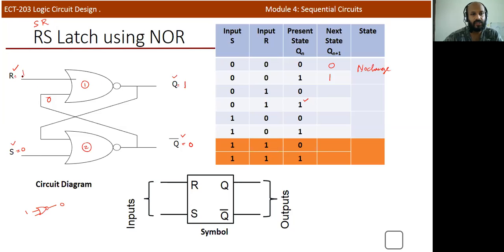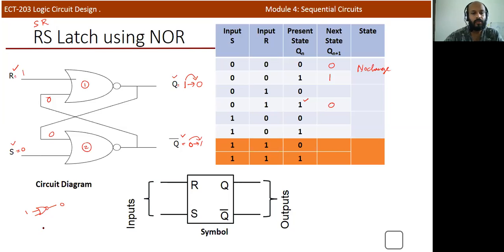So 1 0 means one of the inputs is 1, so this output will change to 0. Now 1 is changed to 0. Then this 0 is propagated to the second NOR gate input. So both inputs are 0 0, so this 0 will change to 1. Initially the present state is 1, and now that state is changing to 0.